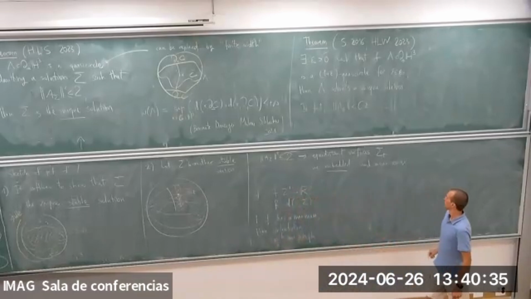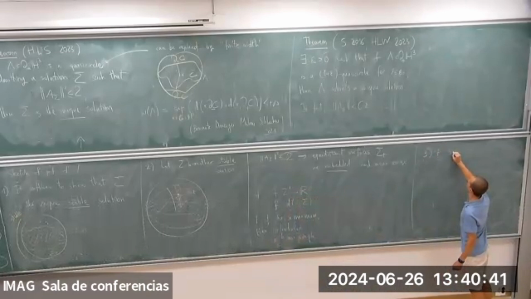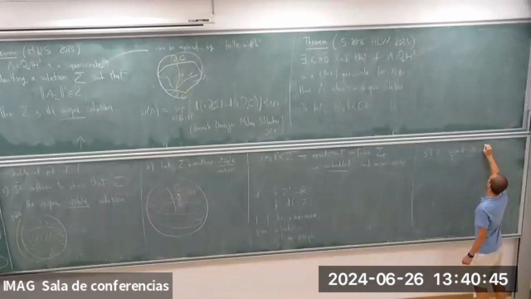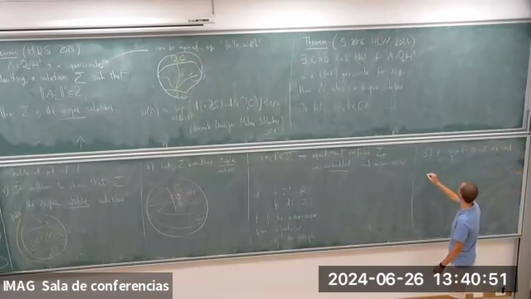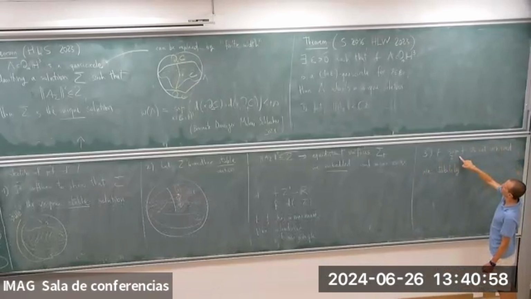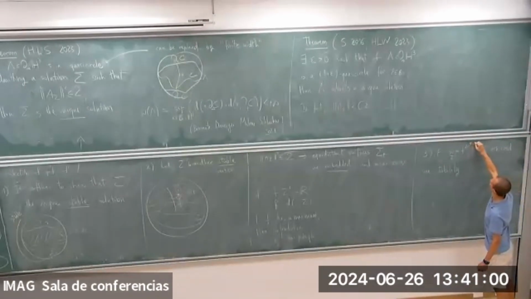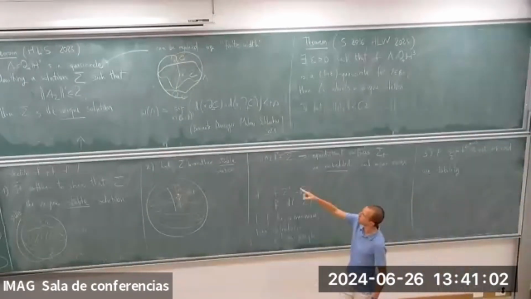Okay. So the last step, 3. If the supremum of f on sigma prime is not achieved, then what one does is use stability. This is important: this supremum is always finite because of the finite width condition.